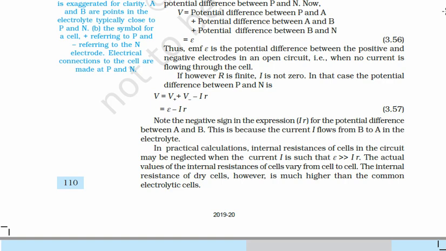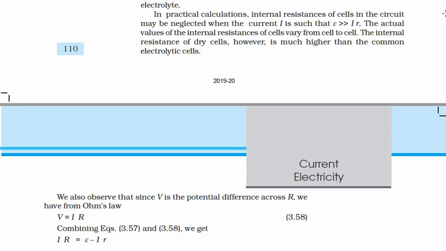Now when can we say that in practical calculations the resistance of a cell may be neglected, because this r is generally very small. So what is the condition? This r is very small when this epsilon is greater than Ir. So if this Ir, that means this internal potential drop, is very less in comparison to the EMF of the cell. Let us say the EMF of the cell is 2 volt and this potential drop inside the electrolytic solution is 0.01 volt.